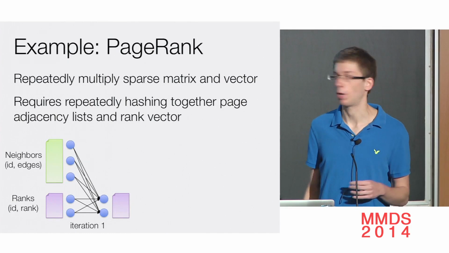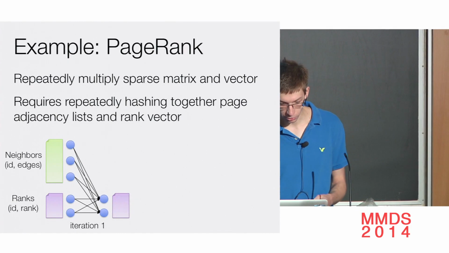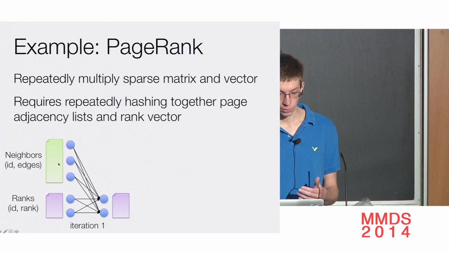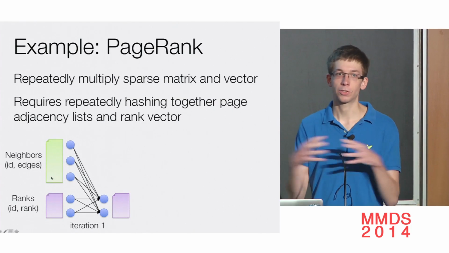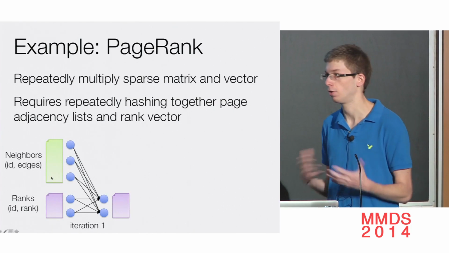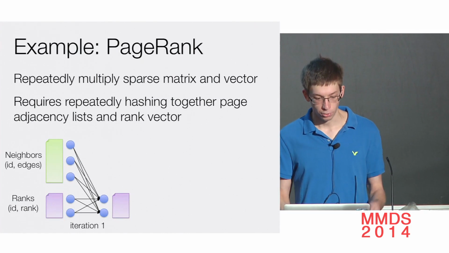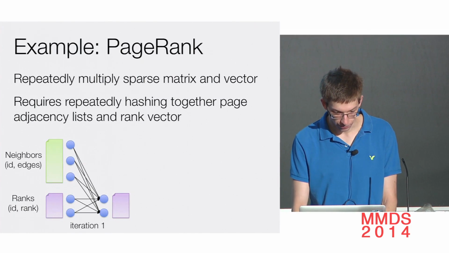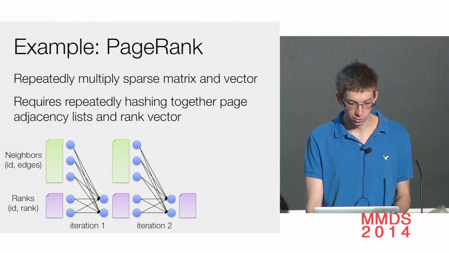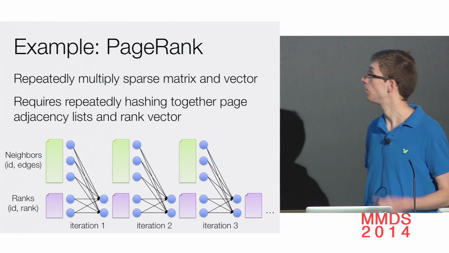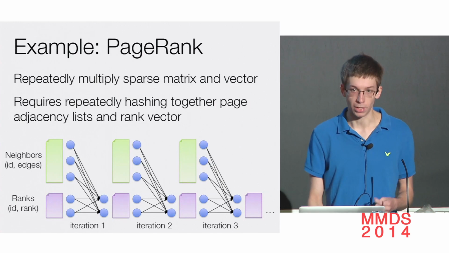That's what the reducing part of MapReduce does, and it brings these two things together. Most of the data in both of these files gets shuffled across the network because you don't have any control of how the file is laid out. Stuff about a vertex could be anywhere in there. And you keep doing these iterations. On each iteration, you join together these two data sets.